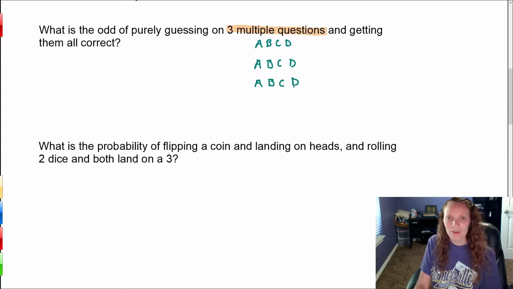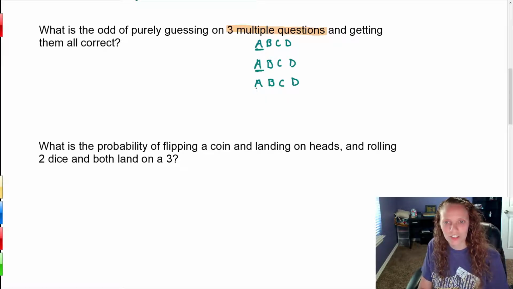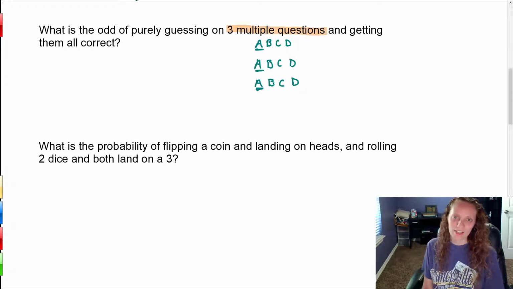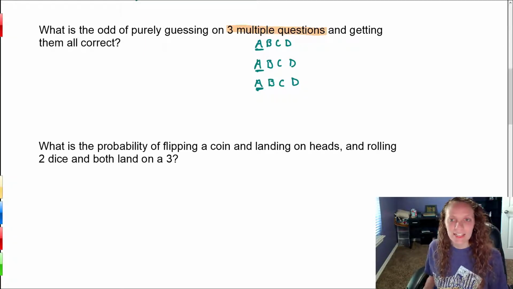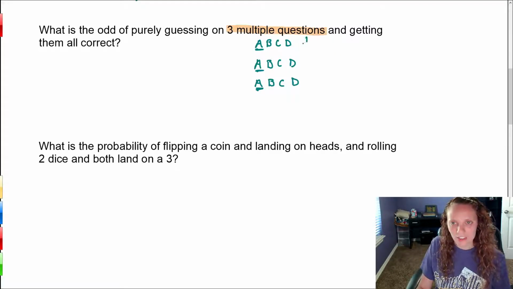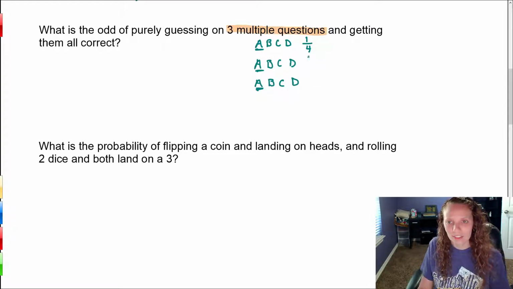And if we think about taking a test in multiple choice, there's usually only one answer that's going to be correct. I underlined the A, but it could be a C or it could be a D. There's going to be one right answer out of 4 answer choices for each of those questions.